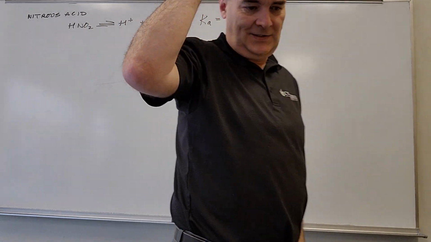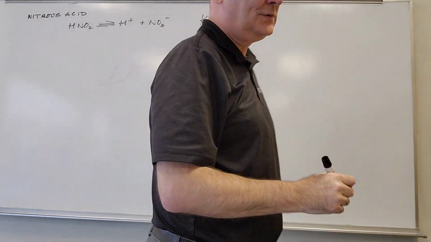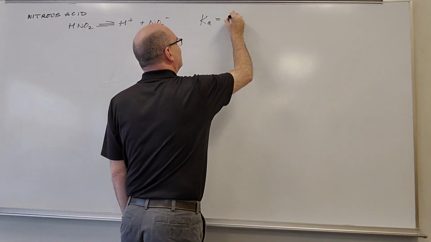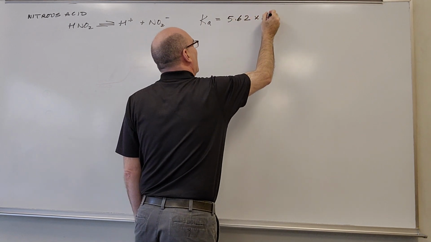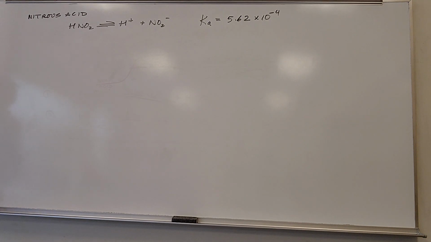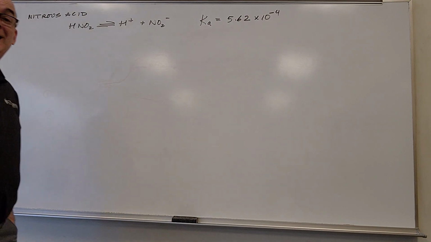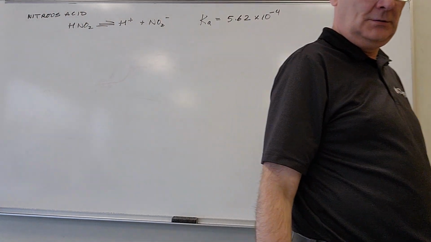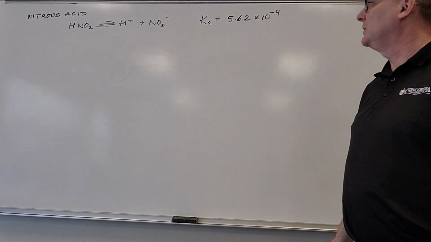Ka is 5.62 times 10 to the negative 4. Okay. Tell me about the trend of acidity of nitrous acid. It's kind of acidic. Yeah, it's actually a pretty good weak acid. 10 to the negative 4 is a pretty good acid.